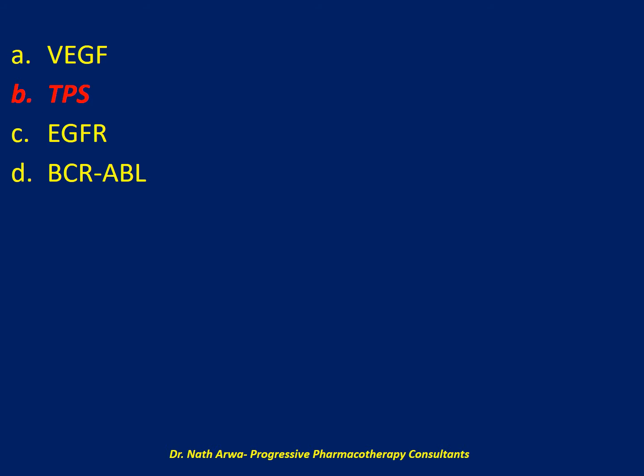Now, knowing the type of inhibitor can help predict the type of side effects patients will have on these agents. For example, the side effects of the VEGF inhibitors include hypertension, proteinuria, impaired wound healing, and bleeding events. So that can help the clinician make rational decisions. Let's move to the next slide, please.